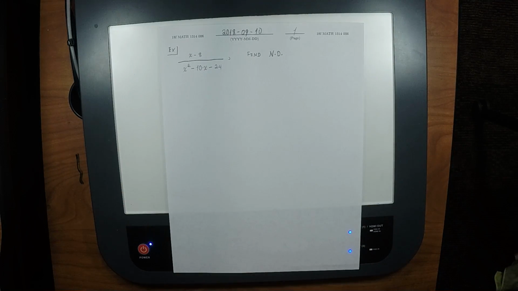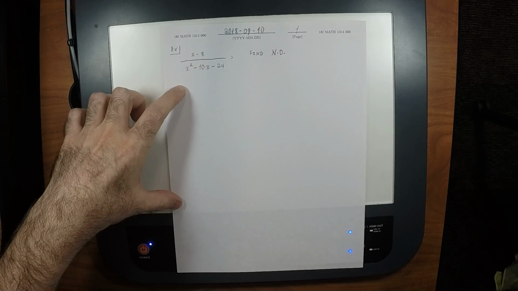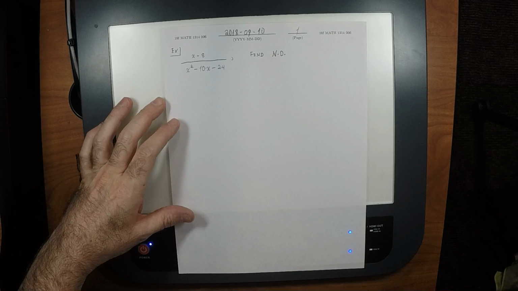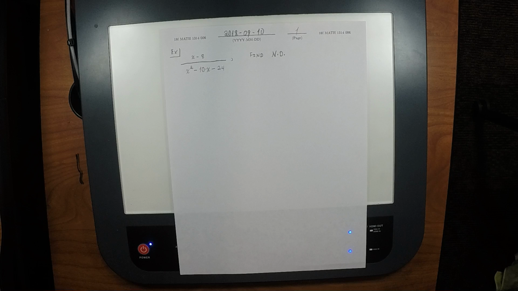So what does that mean? It means find the set of all x's that you can plug in, because maybe it's not permitted that you plug in some x's.